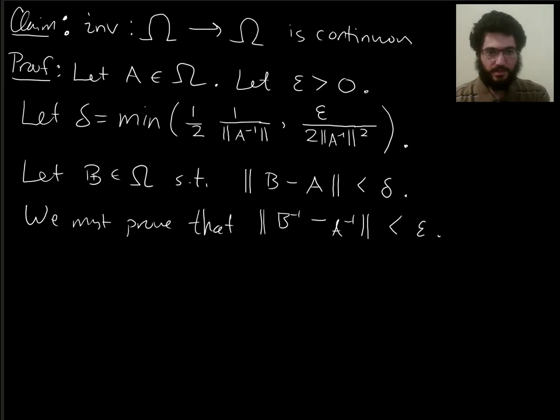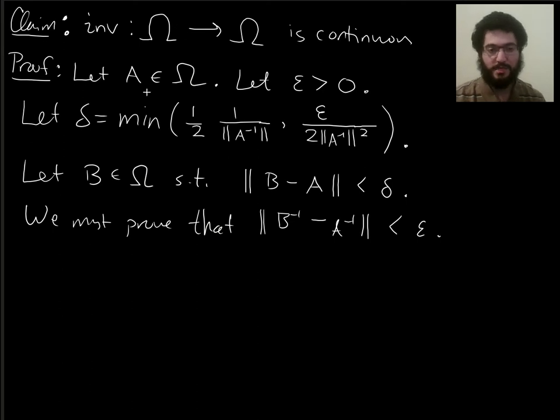The reason I'm saying let B be in omega rather than an arbitrary linear map is that when you're proving a function is continuous, you only pay attention to points in its domain. This should not surprise you. One thing that we don't need to prove, but is nice to know, is that omega is actually an open set. I'm not proving that just because we don't necessarily need it.